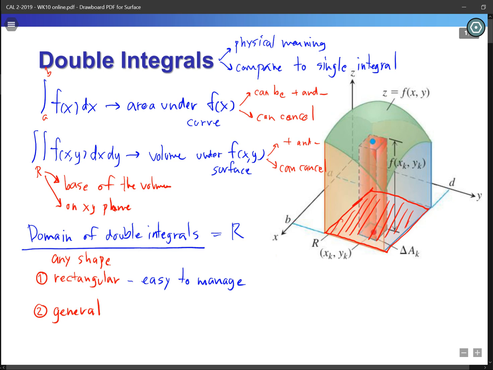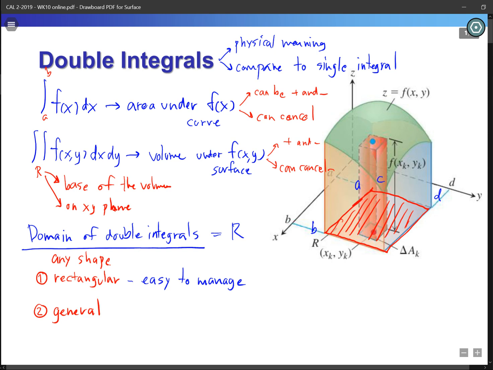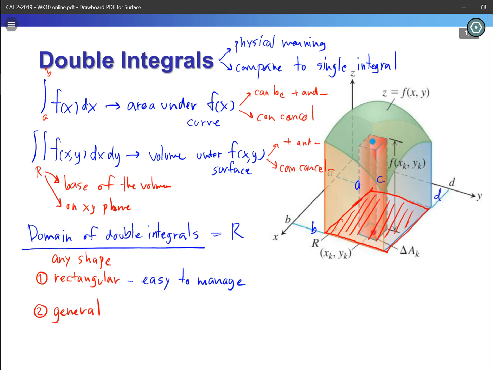And you can see that X starts at A right here and ends at B. And what about Y? Y starts at C right here and ends at D. So this represents the base of the volume, or the domain of this double integral. And with this, you can see that the base is rectangular. So this is going to be the first type of the domain.